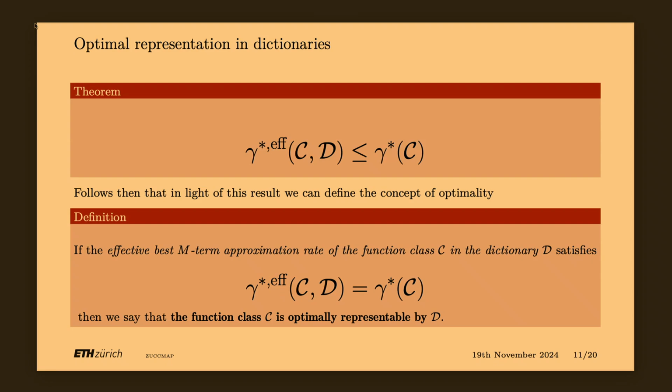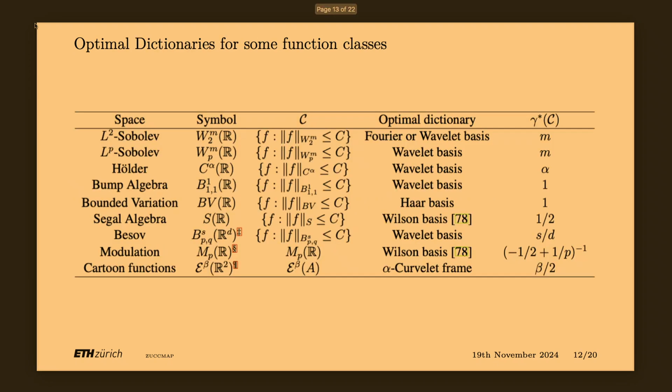This notion of optimal approximation with dictionaries was a very well-studied domain of the mathematics of signal processing. In particular, people came up with essentially all the optimal dictionaries for the most important function classes.